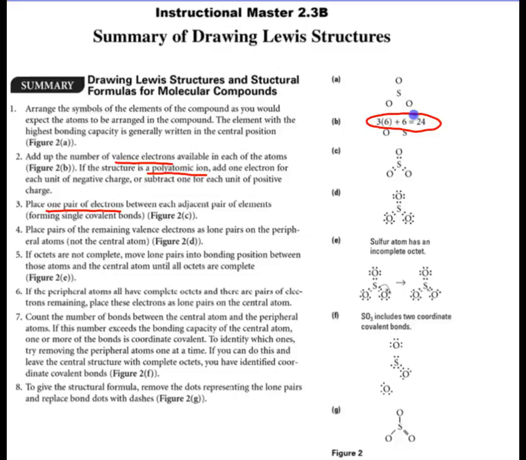When you look at how the atoms are arranged, the first point is that the central position is the element that has the highest bonding capacity. So in the case of sulfur and oxygen, they both have a bonding capacity of 2, but there are 3 oxygen atoms in the molecule and only 1 sulfur. So it would be reasonable to put the oxygen atoms around the other element.